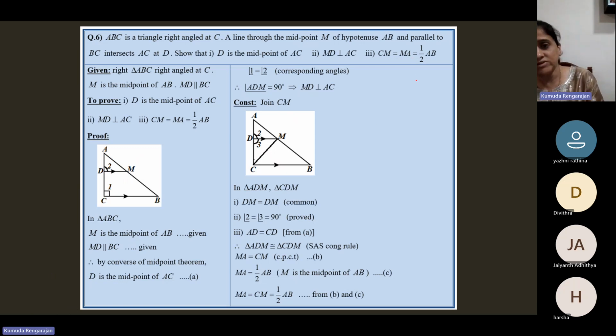But we'll also have to show that MA is equal to MC is equal to half AB. Now, we already know MA is half of AB, no? Why? Because M is the midpoint of AB. It's given.